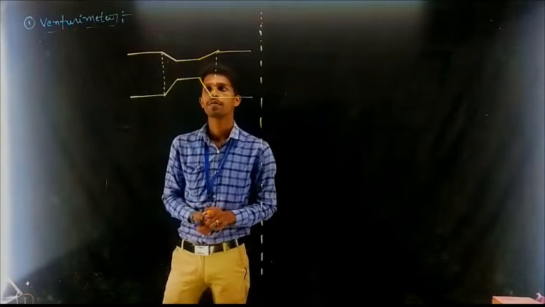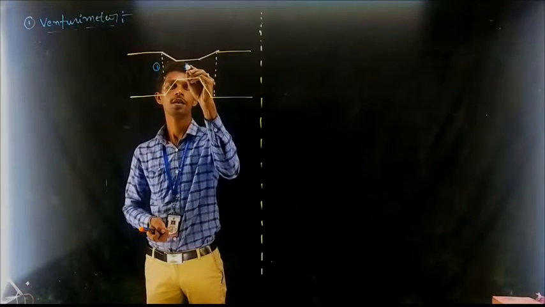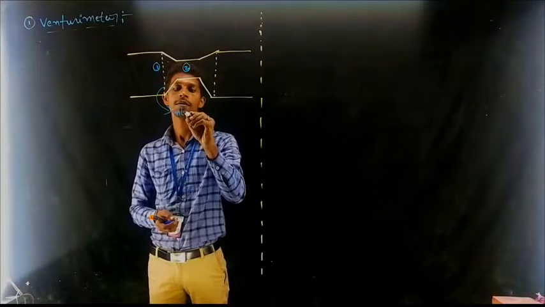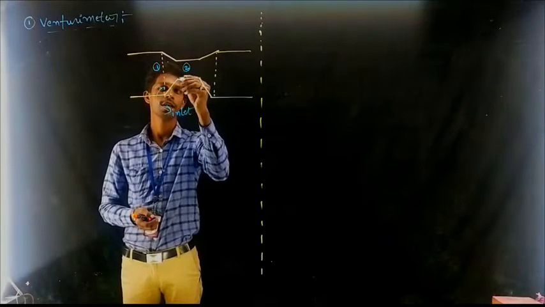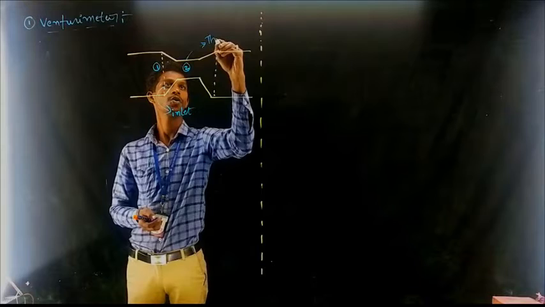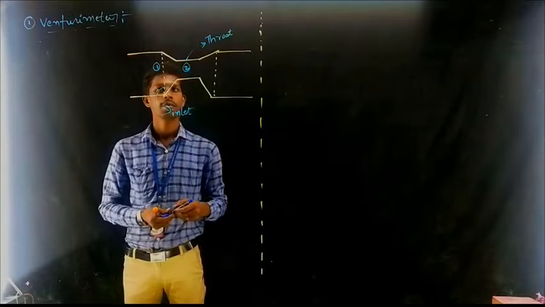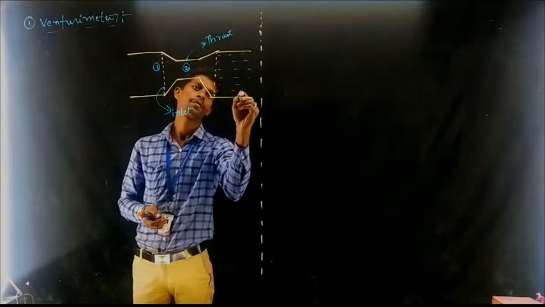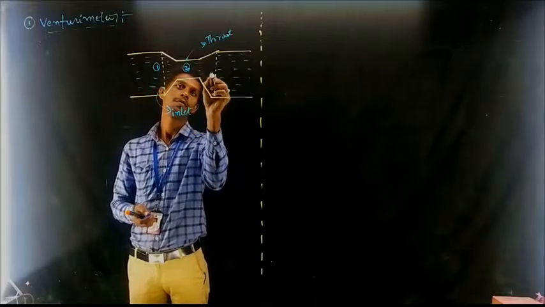Here this is called 1 and this is called 2. The inlet is a converging part, converging to the middle, and at the middle the part is called the throat section, and this one is the diverging part. In this, liquid is flowing inside, and I assume water is flowing.